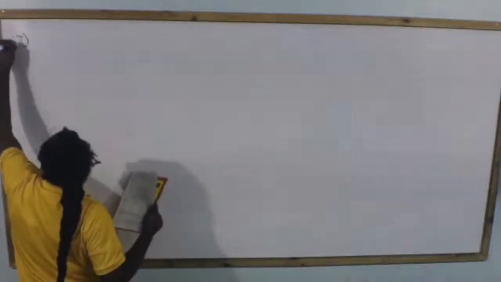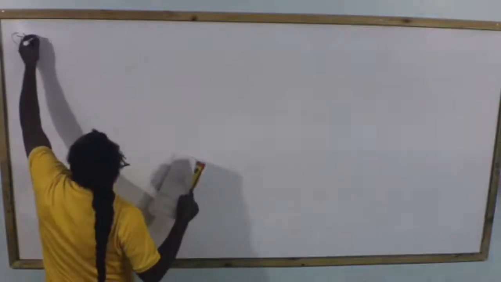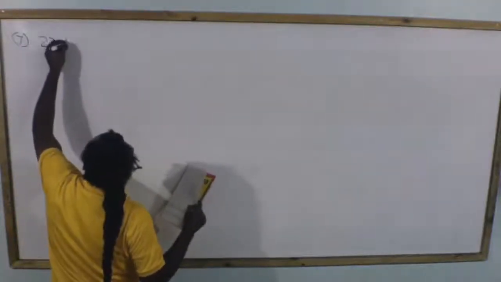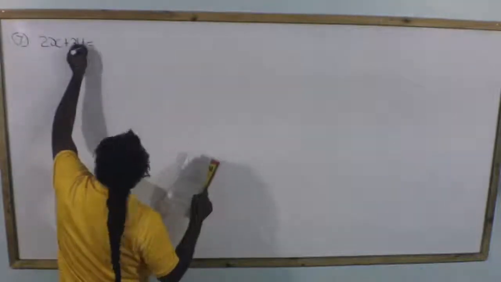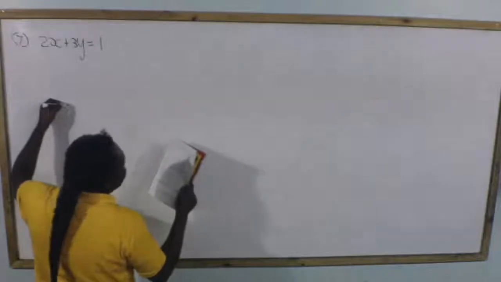Alright, so let us put there number 7, 9, and 11. So number 7, we have 2x plus 3y is equal to 1.